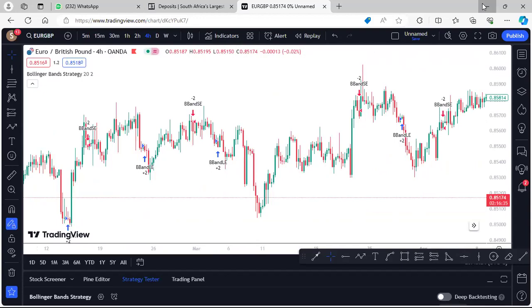You can also do this. Let me find any of the open charts. These are just tools.